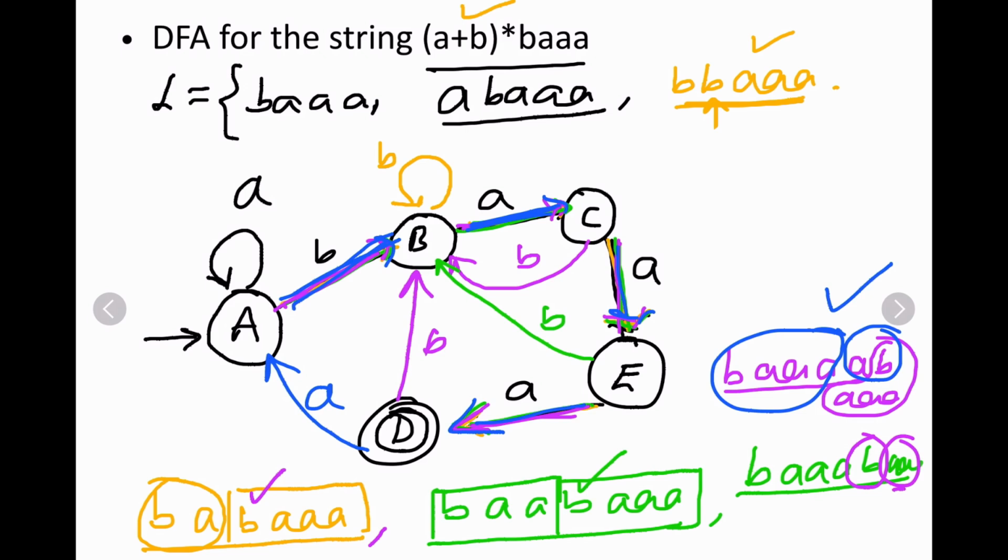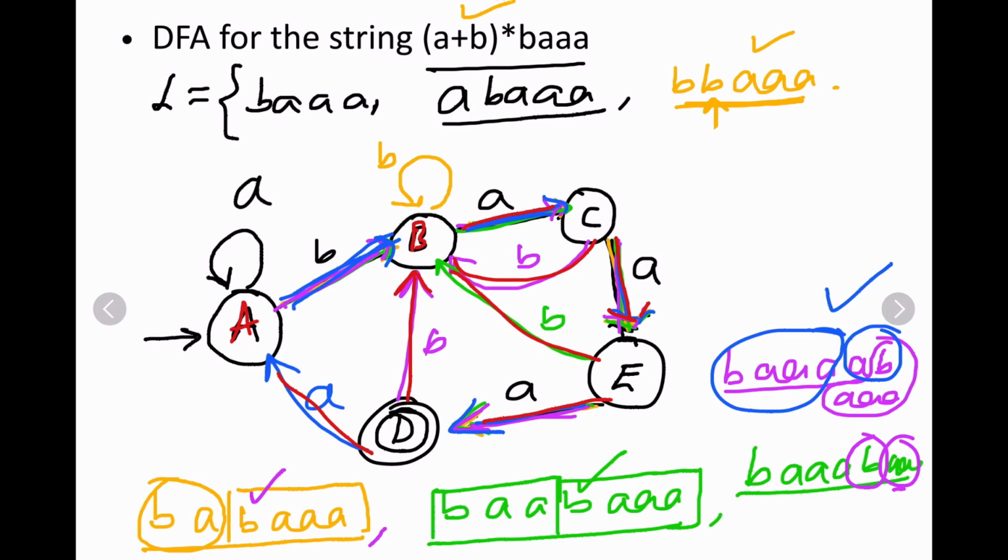Before taking another string, look at each and every state: each has a transition on every input. A has a transition on a and b. Capital B has a transition on a and b. Then C has a transition on a and b. E also has transitions on a and b. Then D also has transitions on a and b.